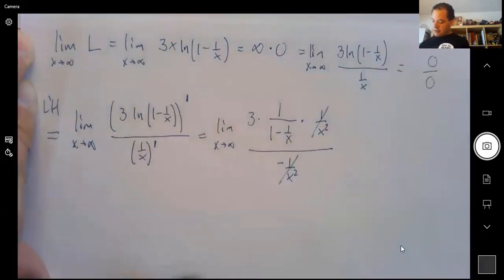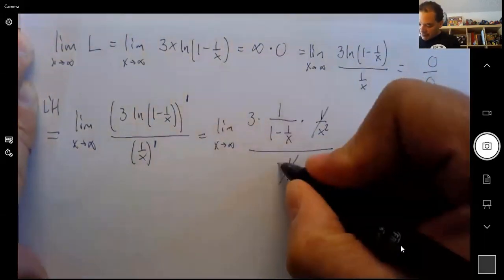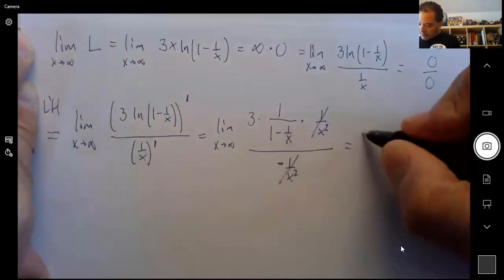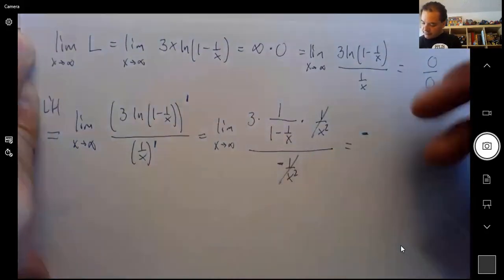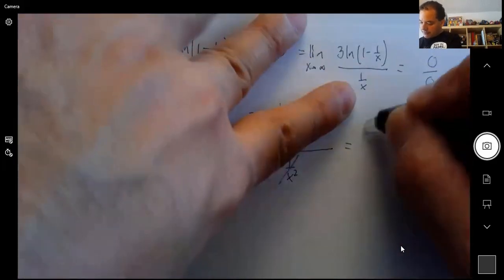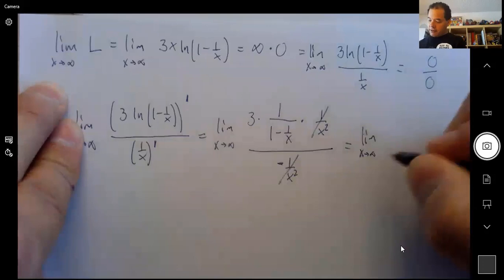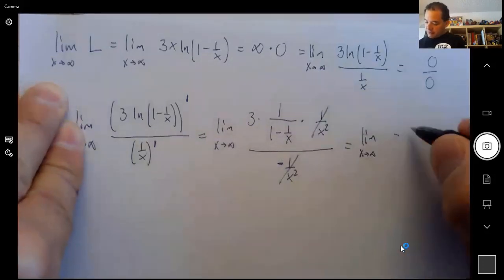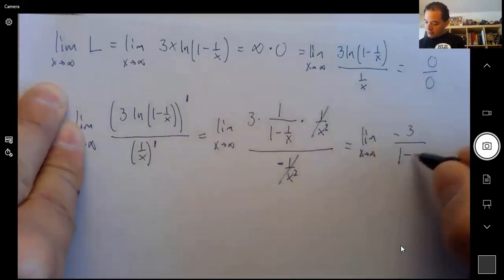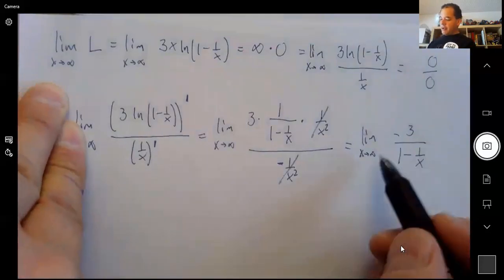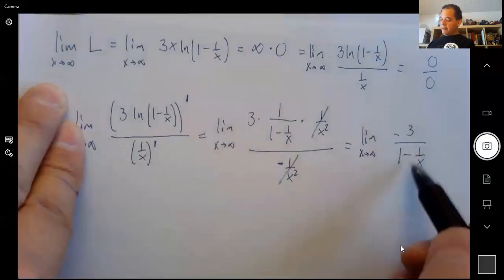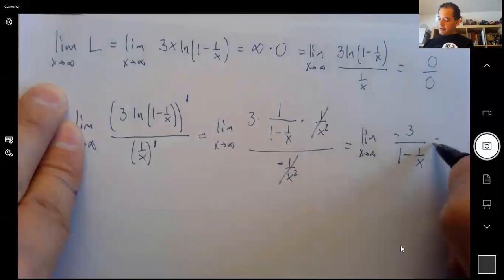That's nice. And so I have a minus sign. So this is minus. Let me put the limit first. There's the limit when x goes to infinity minus 3 over 1 minus 1 over x. And now when x goes to infinity, this guy goes to 0. So the answer is negative 3.